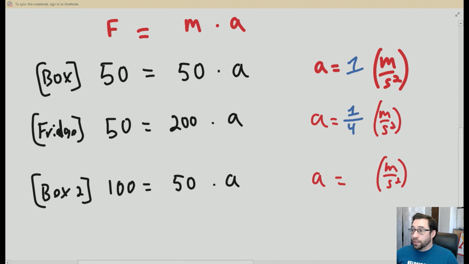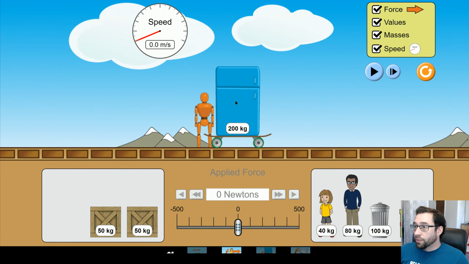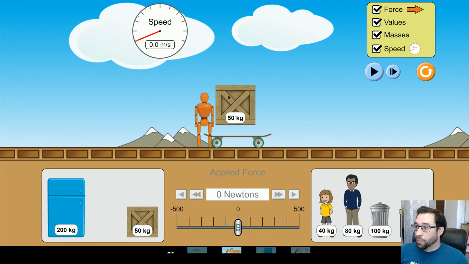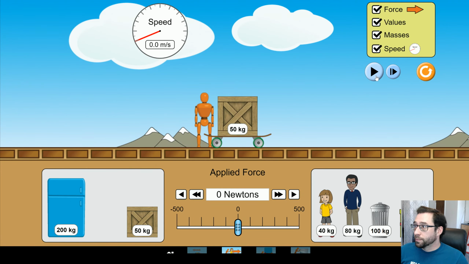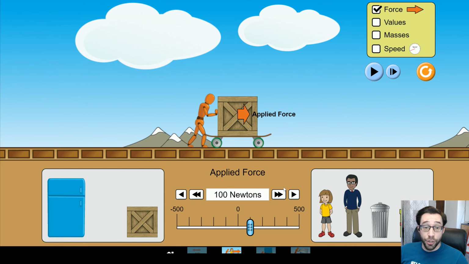So instead of, let's do this. If I remove that, I put the original box back on. But in this situation, I'm going to apply 100 newtons.